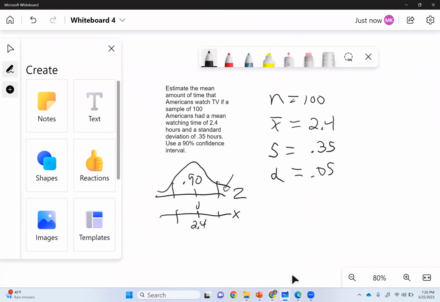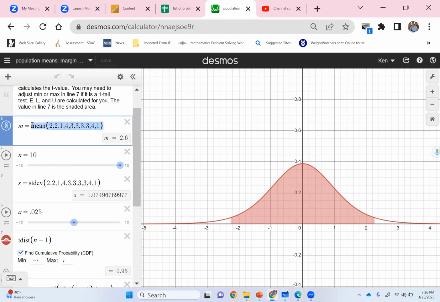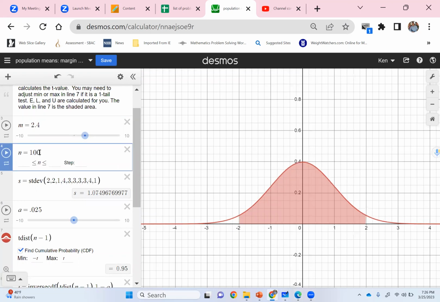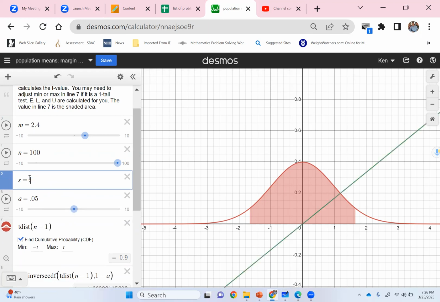Our mean is 2.4, so just highlight all this and write 2.4. Our sample size is 100. Our standard deviation is 0.35. And the size of our tail is 0.05.